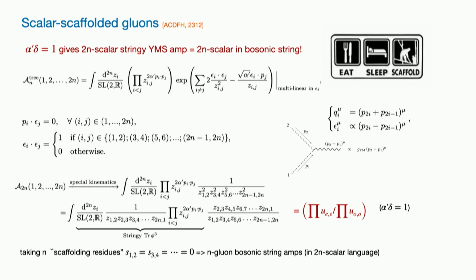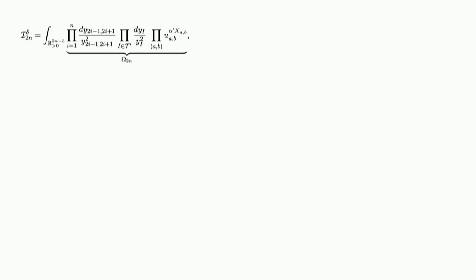And the polarization of the gluon can be described, for example, as the difference of these two momenta. So eventually, to extract the n gluon amplitude out of the 2n scalar, you need to take this limit that the gluons are on shell. Okay? So this is a very simple explanation of why this delta equals 1 gives you the n gluon amplitude out of the shifted 2n phi cube amplitude, right?